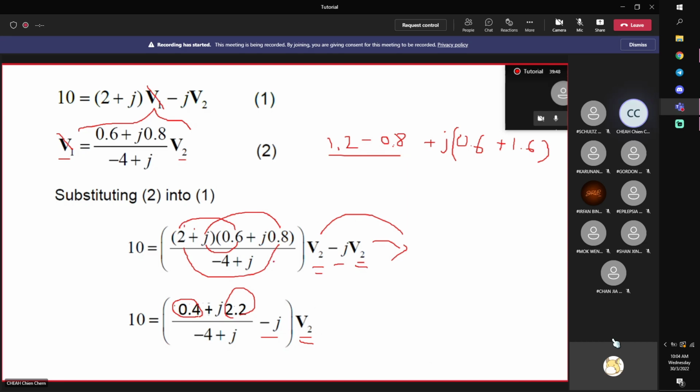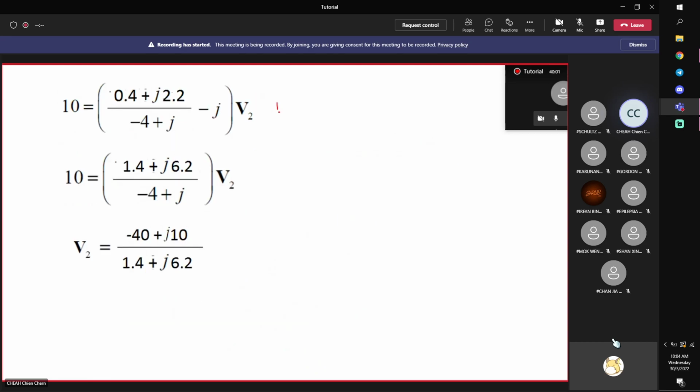So here I operate directly, because here I have another subtraction. I need to try to remain in rectangular form. So I reproduce this one over here. Let's continue. After that I just merge these two together. I get it in this form, and then I'll directly get V2, by bringing this whole thing to the other side of the equation so that I get V2 only.